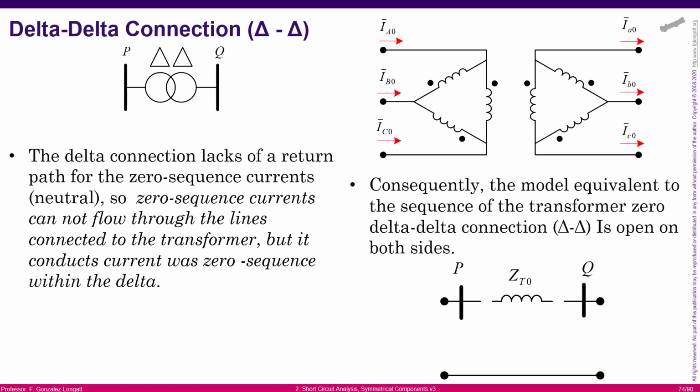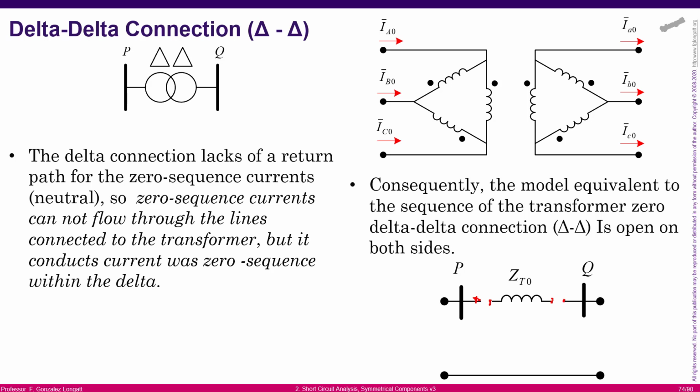This model is quite interesting. You will find different models in a few books, but all of them will have the same property: you cannot have zero sequence components in the line on either side, okay?